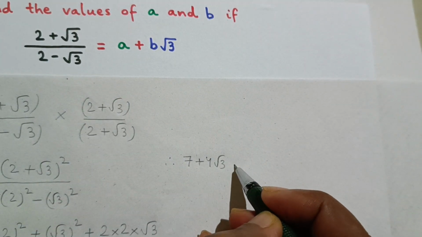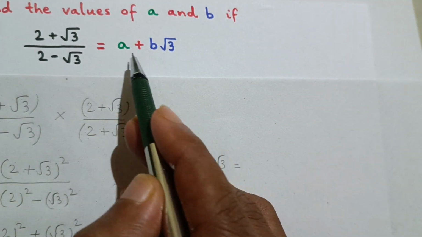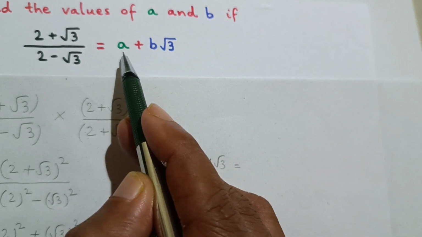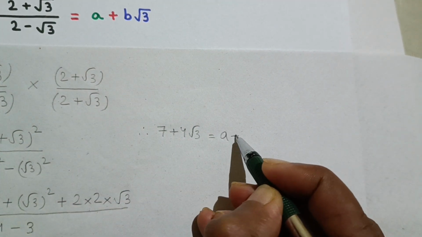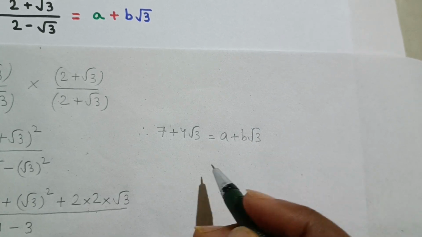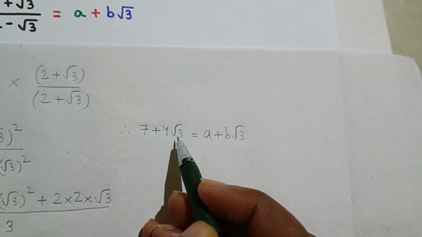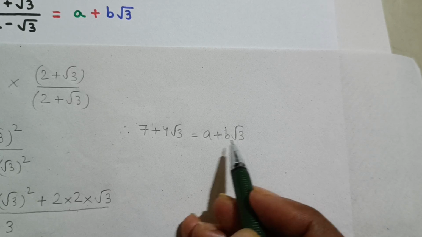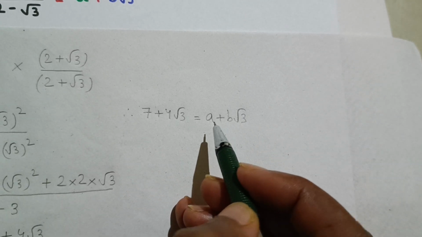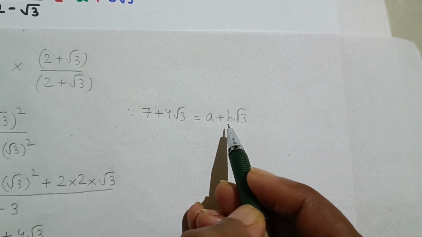That is equal to, on the right hand side of the equation, a plus b square root of 3. So 7 plus 4 square root of 3 is equal to a plus b square root of 3. From here I can compare and get the value of a and b.